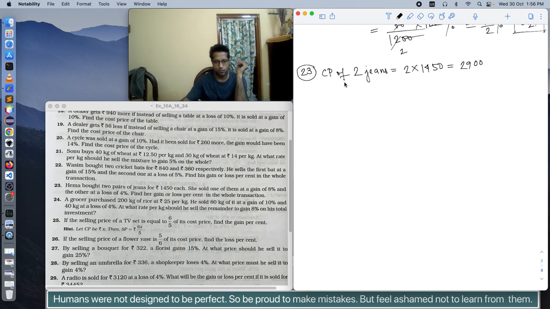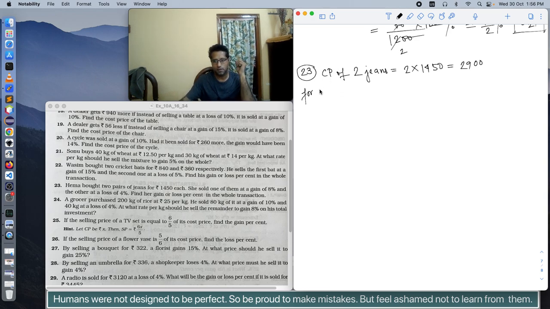Now she sold one of them at a gain of 8% and the other at a loss of 4%. So let's compute the selling price of each of the jeans when they are sold at a gain of 8% and at a loss of 4%.